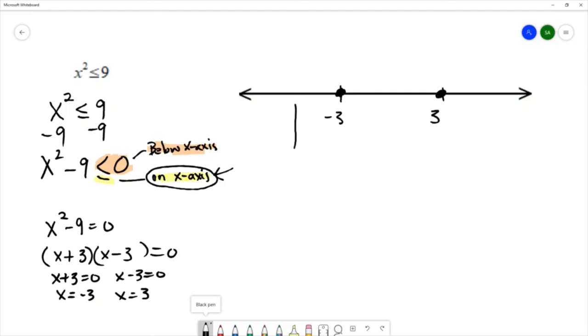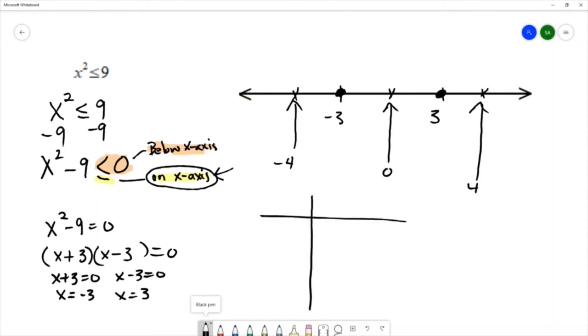Then I'm going to choose my test points in each interval and pick -4, 0, and 4. And I want to test these in my inequality x squared minus 9.